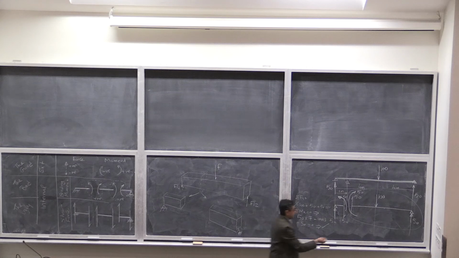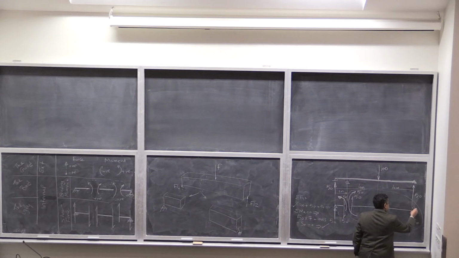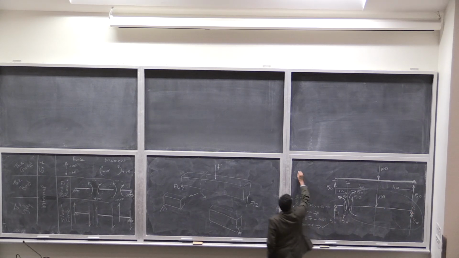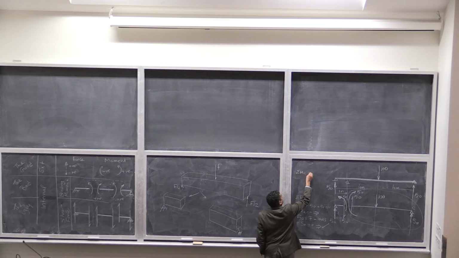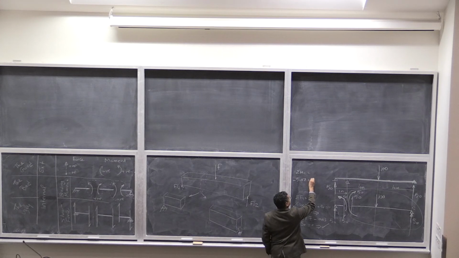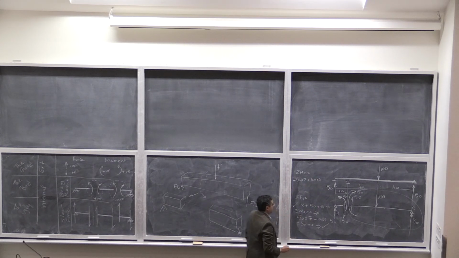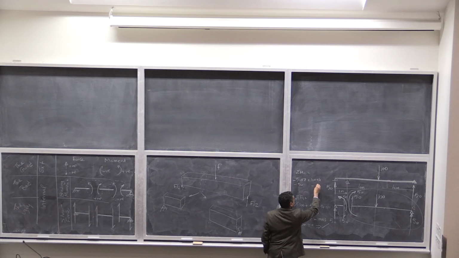If this is point C, and I want to take the moment around point C, sigma MC, you'll find that this 50 multiplied by 7 is making a negative moment. The 100 is making a positive moment. And I still have the other 50. And this 50 is negative. That will also be a 0.